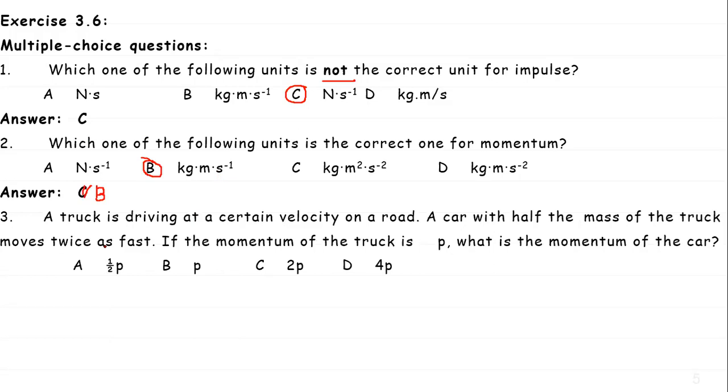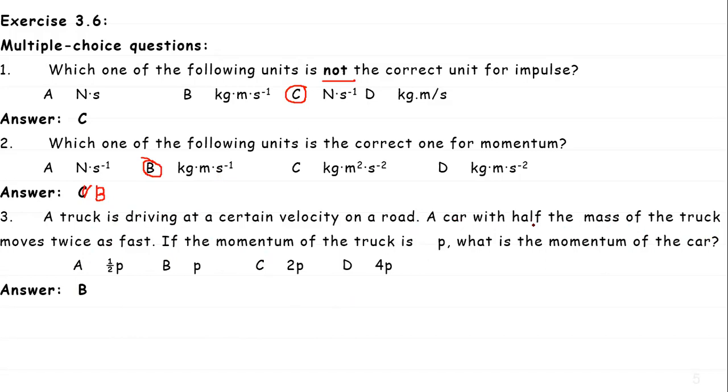Then they ask us, a truck is driving at a certain velocity on a road. A car with half the mass of the truck moves twice as fast. If the momentum of the truck is P, what is the momentum of the car? Now, what is happening here? They are telling us a driver is driving at a certain velocity on a road.